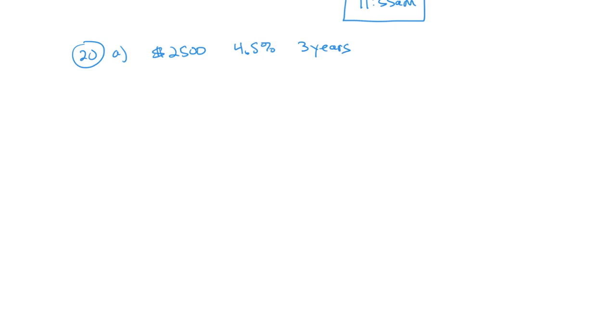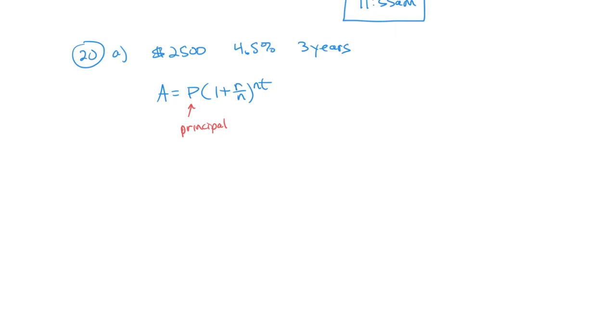All right, so let's figure this out. Well, first, we need our compound interest formula, which you've probably seen plenty of times. P is the principal. It's the amount that we're going to borrow.